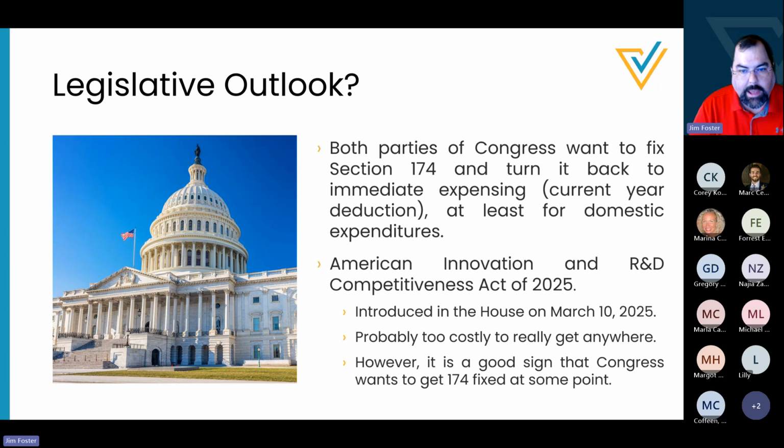I could see a form where they eliminate the amortization on a prospective basis, but I don't see the retroactive happening. I do also see that 174 is in play for 22, 23, and 24. We might be able to get rid of it for the 25 tax year. The good news is they proposed the bill, and it had 71 co-sponsors in the House. So that's a good sign that Congress wants to get this fixed.